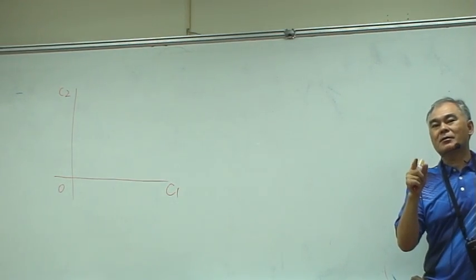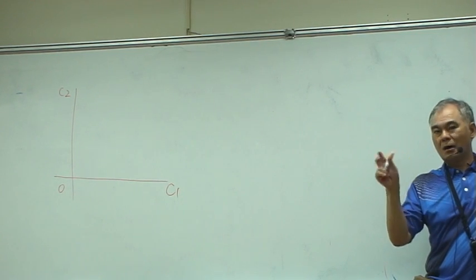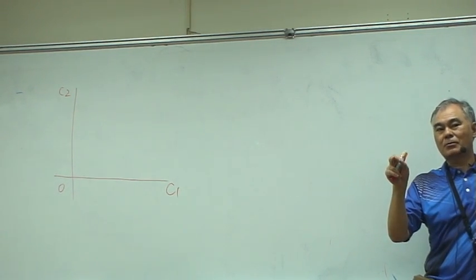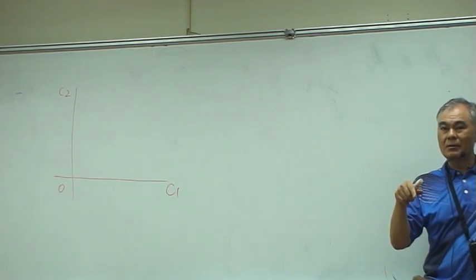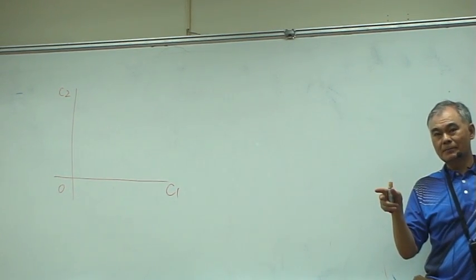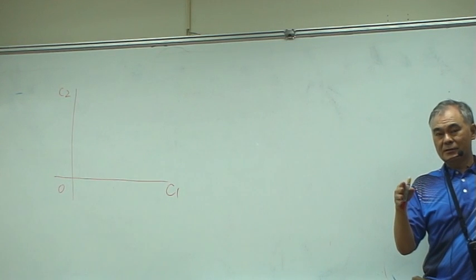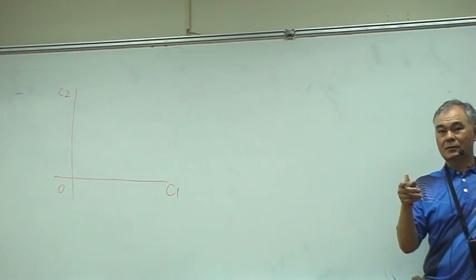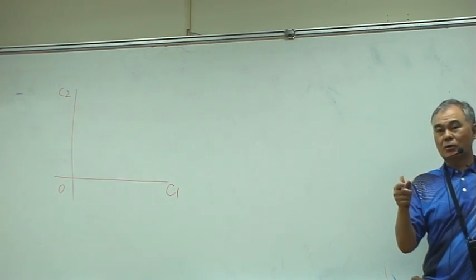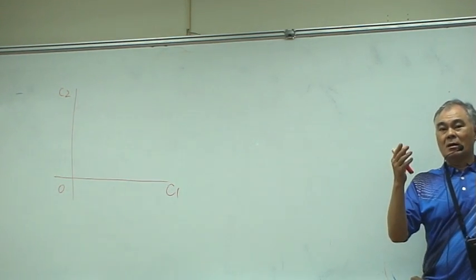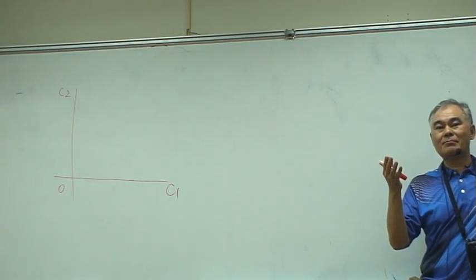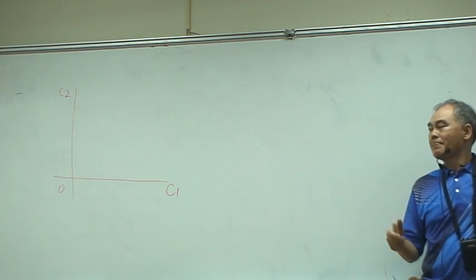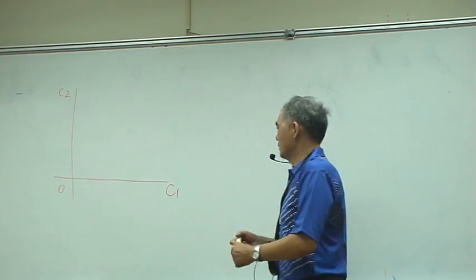So if a person borrows money from others, if the interest rate goes down, he will continue to borrow money. And the other is, if a person is a lender or is a saver, he saves money or lends money to others. If the interest rate goes up, he will continue to lend money to the others. Okay? So let us check what's going on here.